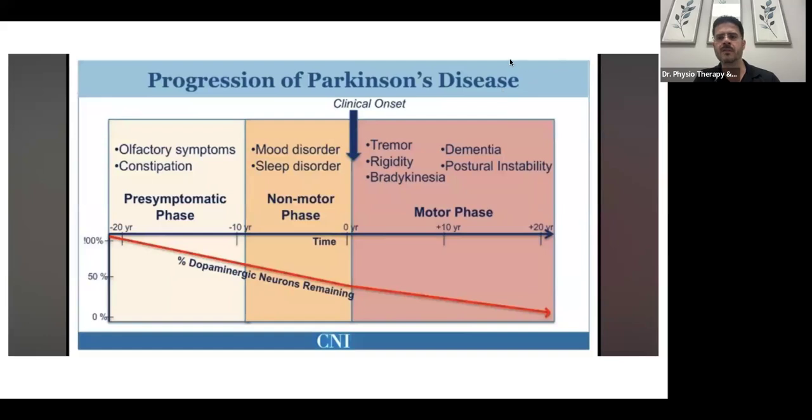All right, and then, oops, let me go back here. The clinical onset is happening there. And from the clinical onset, we're going to develop the stages. But before, you can go all the way back from the clinical onset, perhaps 10 years, 20 years, when other symptoms were present, but there was no correlation yet with Parkinson's disease.